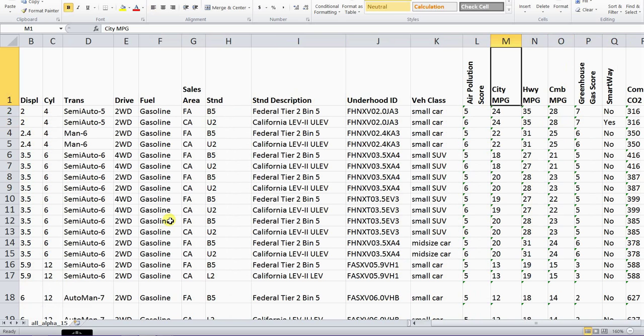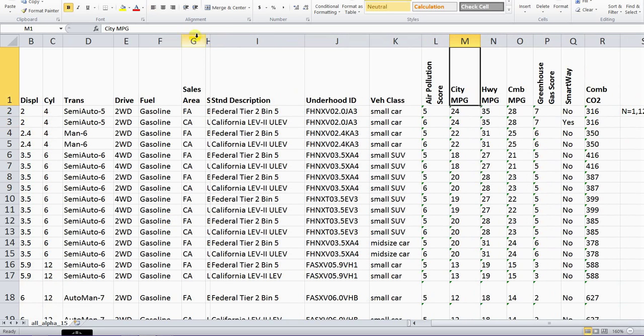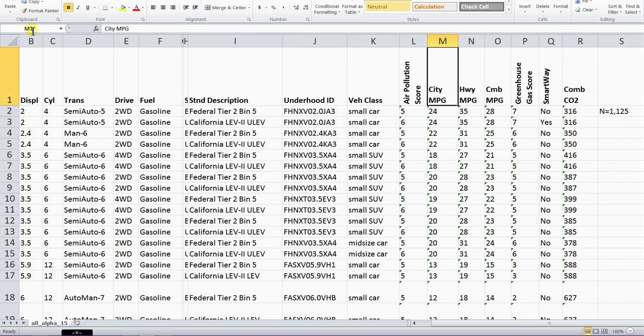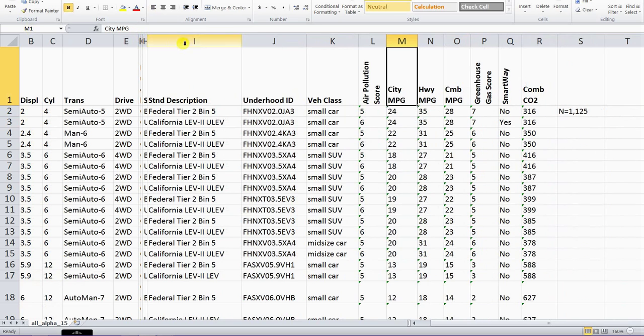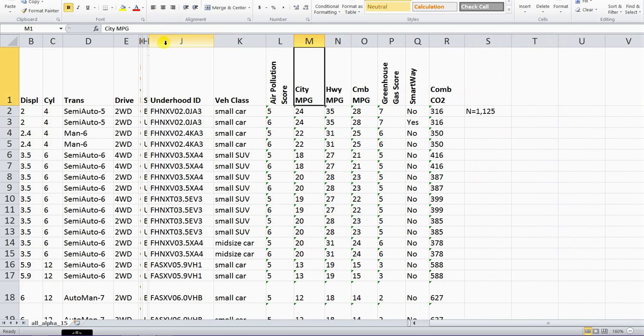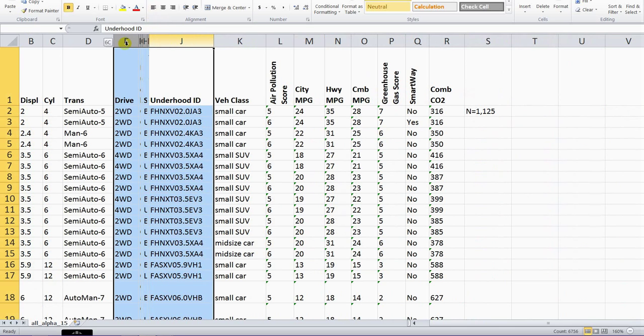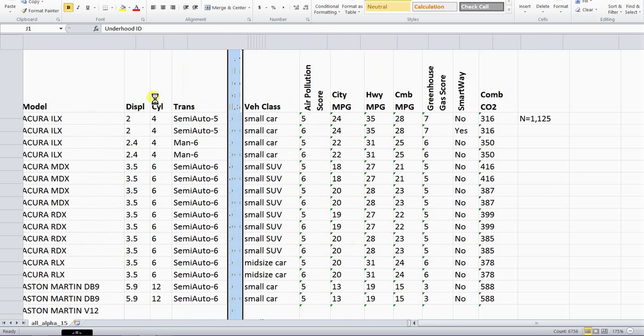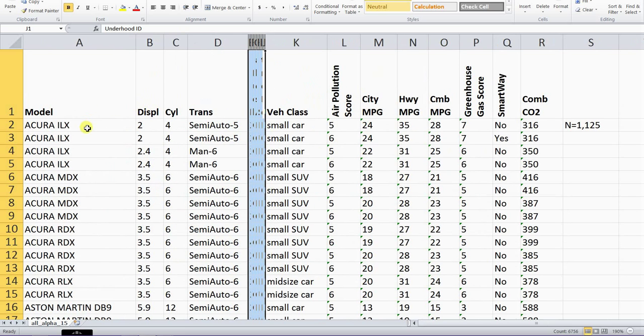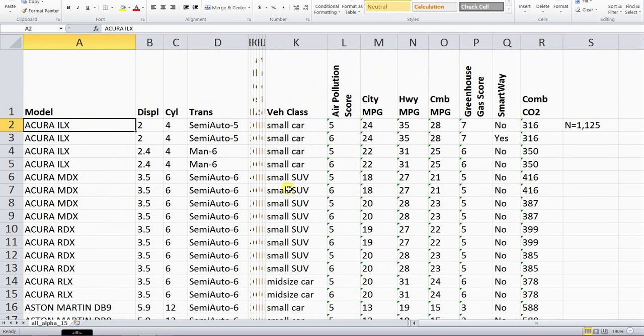I'm going to collapse some of these variables so that everybody can see easily. We're not really interested in all these things, so we can just focus on the miles per gallon, and we'll look at the models as we go just to see what kind of car we're talking about at each step.